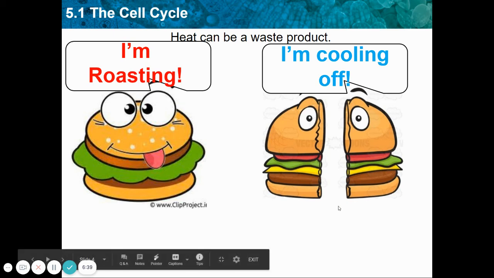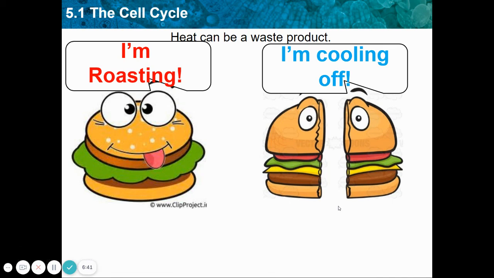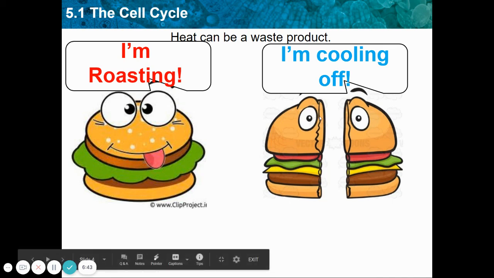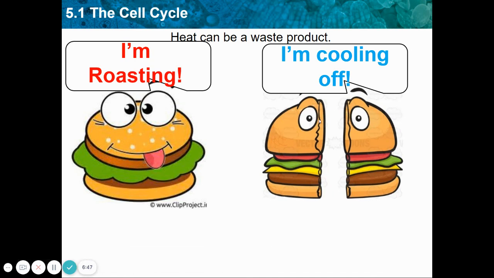And by doing that, you can see what I've done. I've increased the surface area. So now there's all this extra surface area of this hamburger now so it can start to dissipate the heat because sometimes heat can be a waste product, especially if it comes to some people eating their food. We don't want it the same temperature as the surface of the sun.